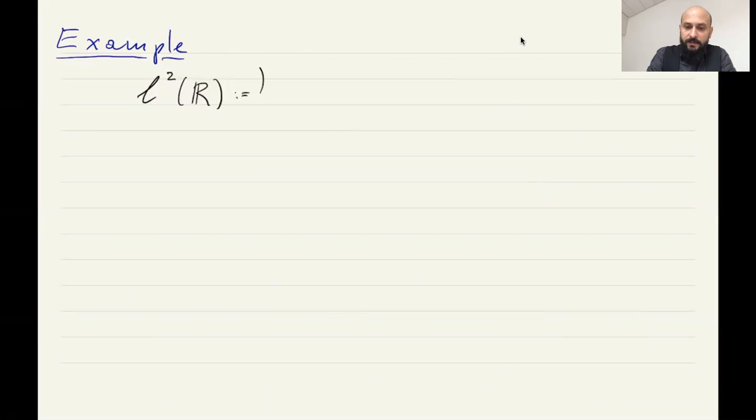and is defined as all sequences of real values, all the sequences with the property that the sum of the square elements is finite.